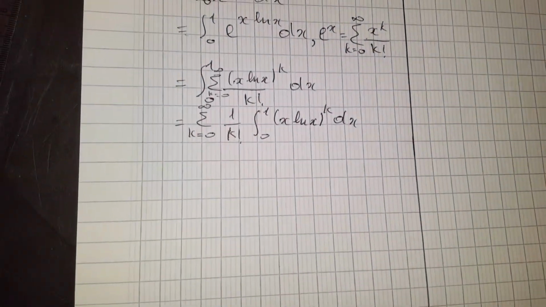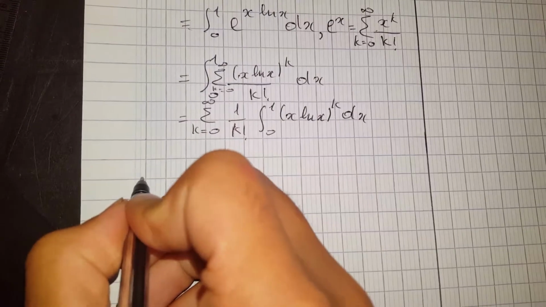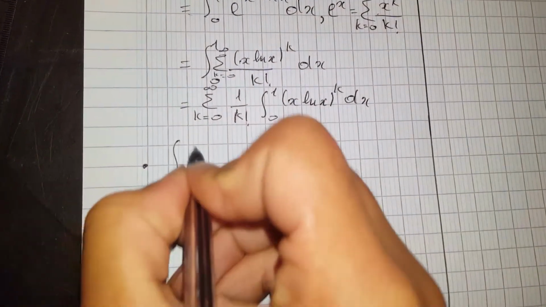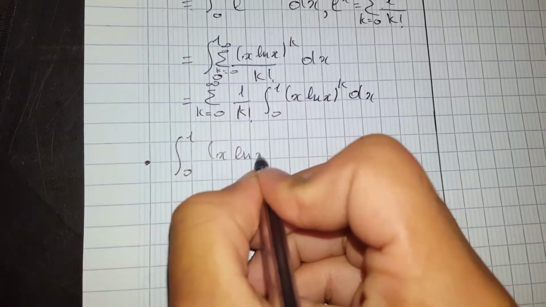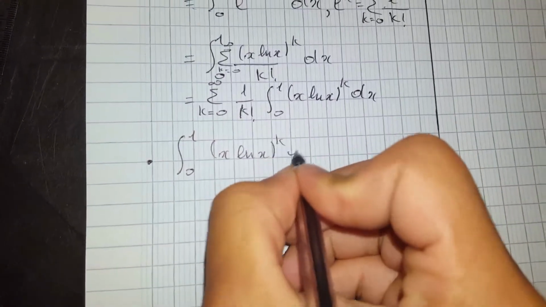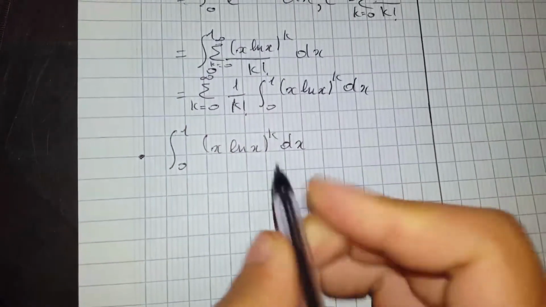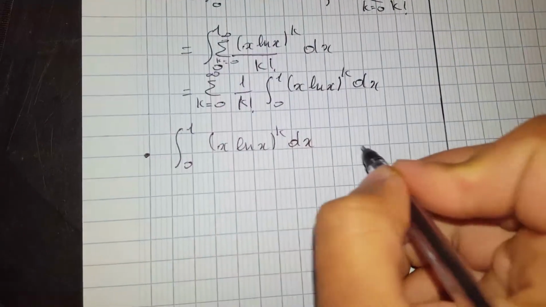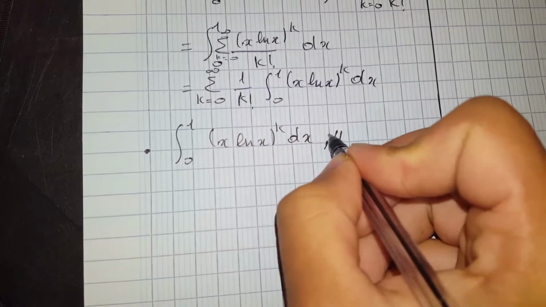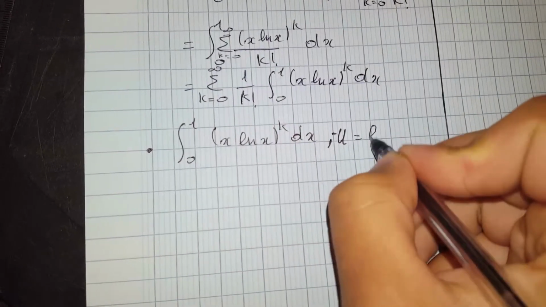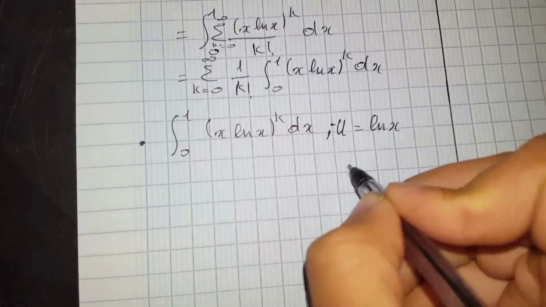So now we're going to calculate the integral from 0 to 1 of (x ln x) to the power of k dx. We will make a substitution. We're going to say that minus u equals ln x.